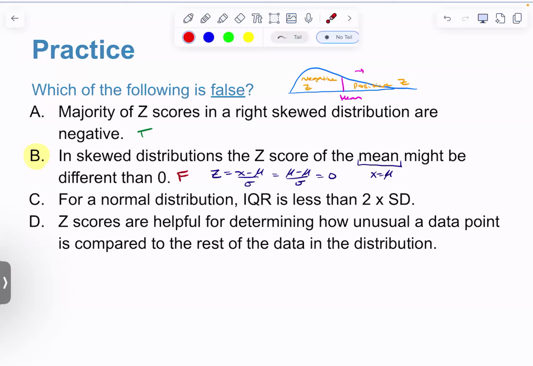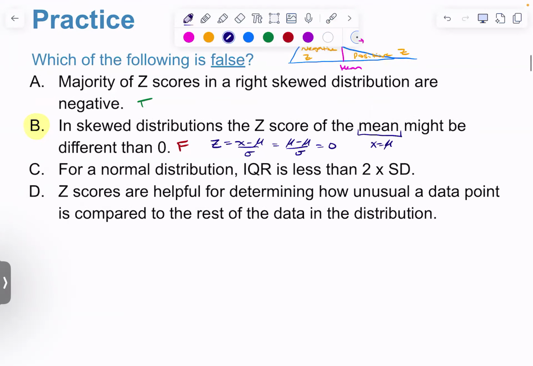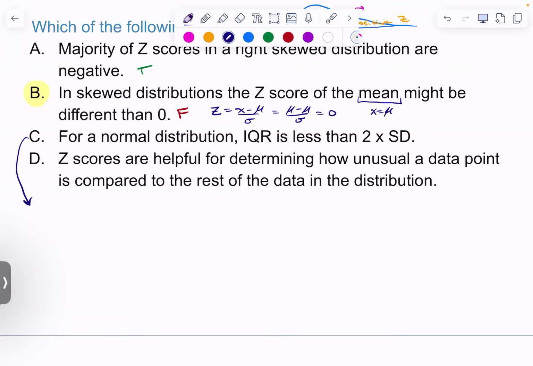How about C? Oof. Flashback. For a normal distribution, the interquartile range is less than 2 times the standard deviations. Making us work for it.